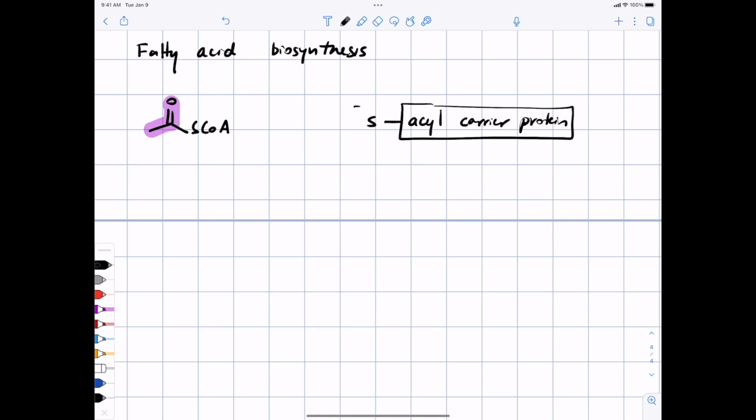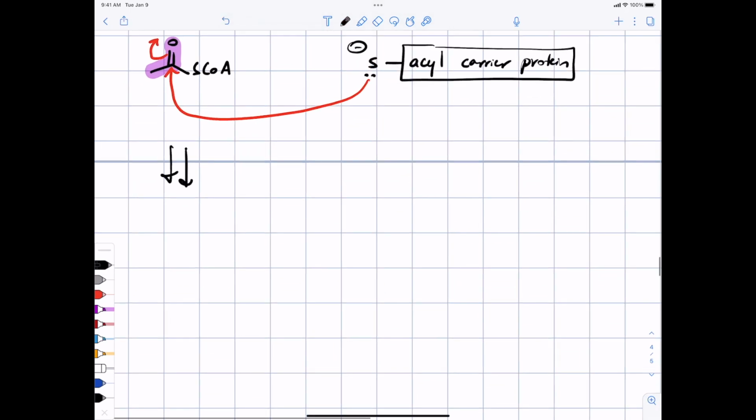So what happens at this stage is nucleophilic acyl substitution. We don't need to draw the whole thing, but lone pairs on the thiol attack the carbonyl carbon. You get a tetrahedral intermediate, and then that acetyl group gets transferred to the acyl carrier protein, and then coenzyme A thiol gets liberated and can be recycled and used elsewhere.